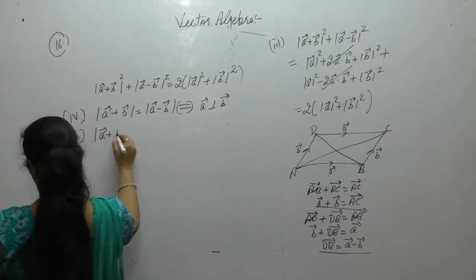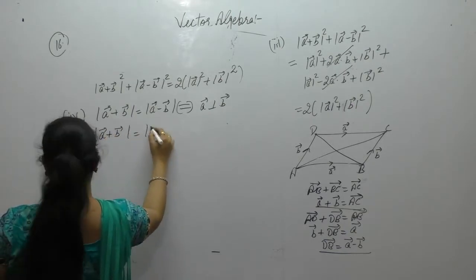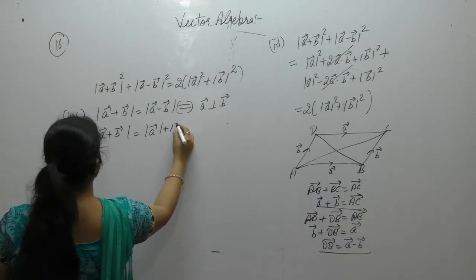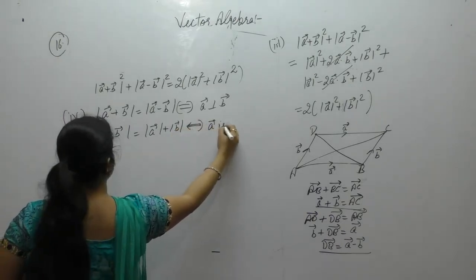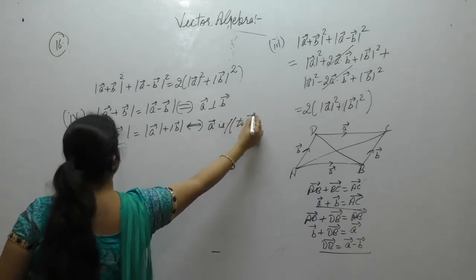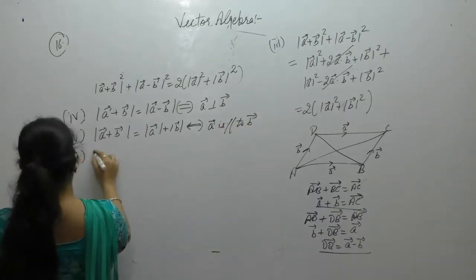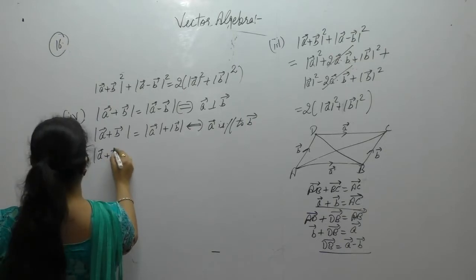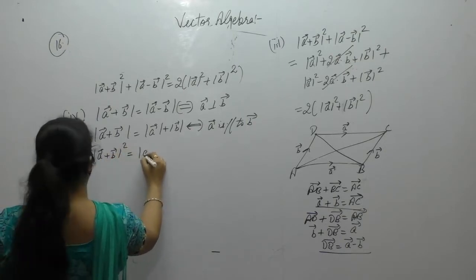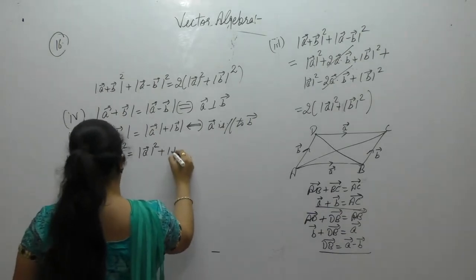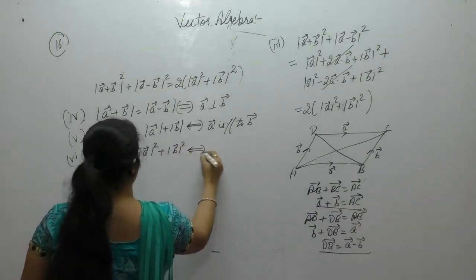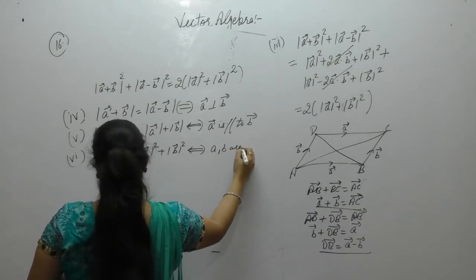Fifth part: modulus of A vector plus B vector is equal to modulus A plus modulus B implies A vector is parallel to B vector. Modulus of A plus B whole square is... A and B are orthogonal.